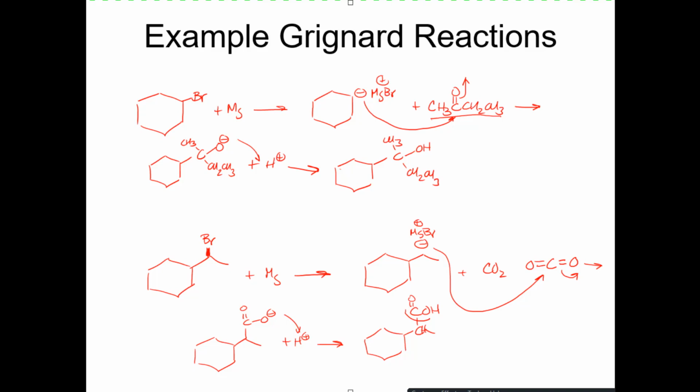And at this point, I should take a minute and just say that in organic chemistry, particularly in the late 1800s, early 1900s, the premium reactions, the most important reactions, were always the ones where you formed a carbon-carbon bond.